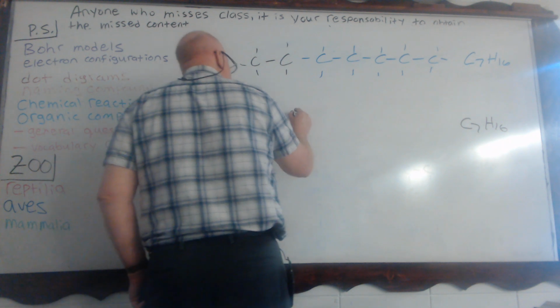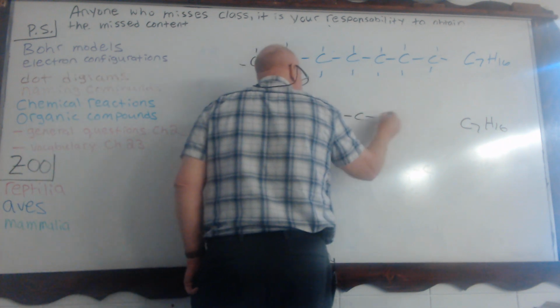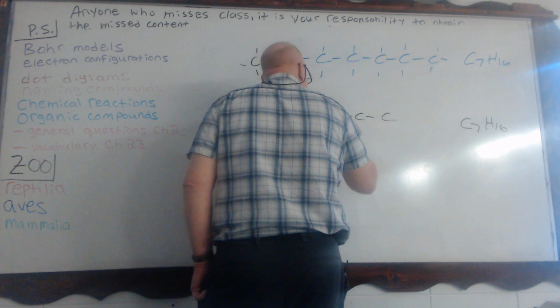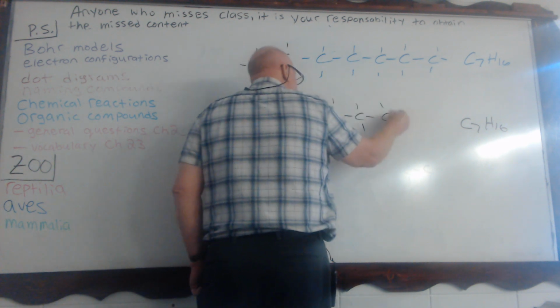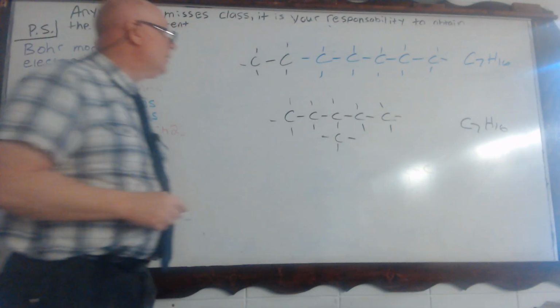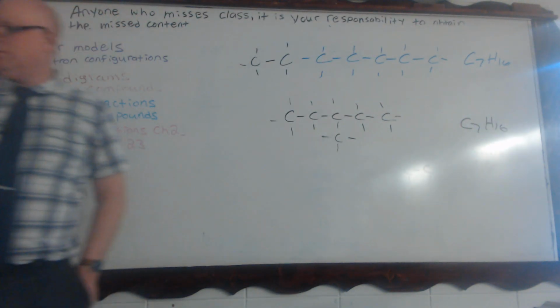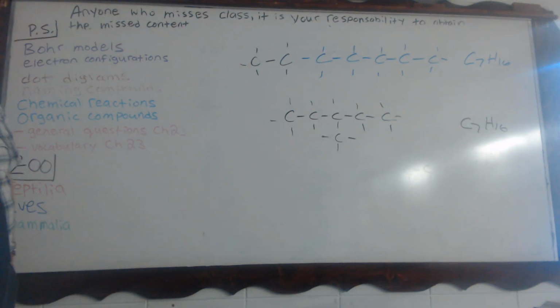Okay, so when we perceive that, is that an isomer? No. So sometimes what happens, what would you get if you named that compound? You get hexane? Yeah, it's a hexane compound.